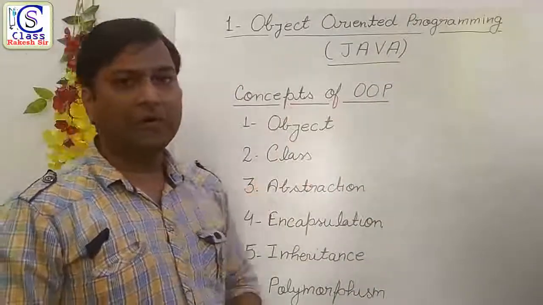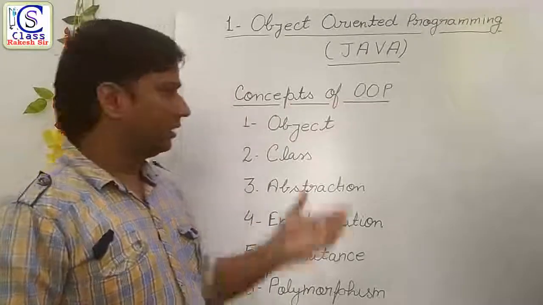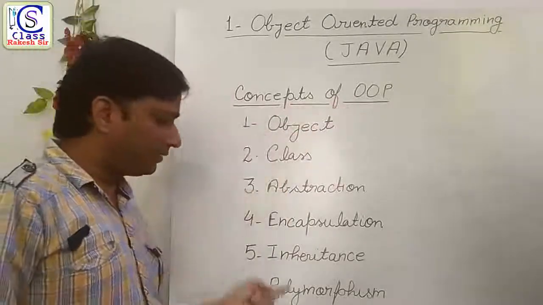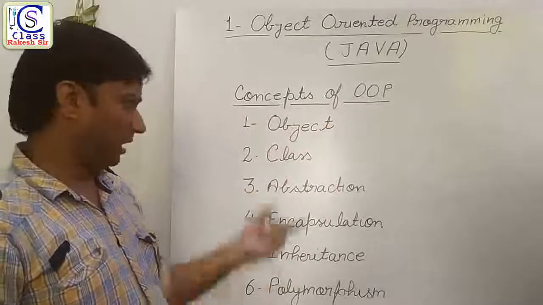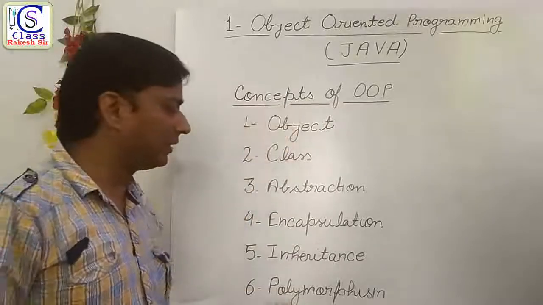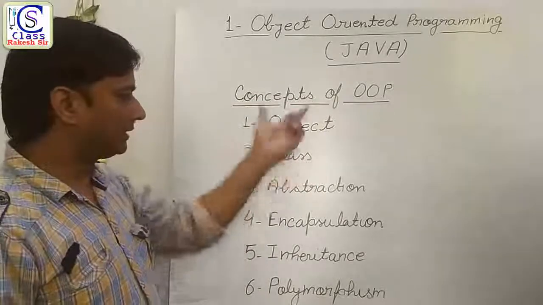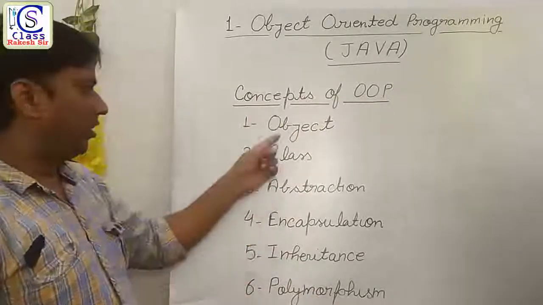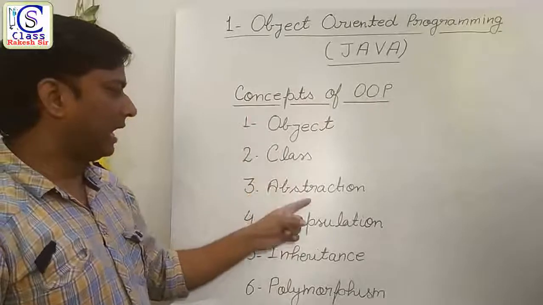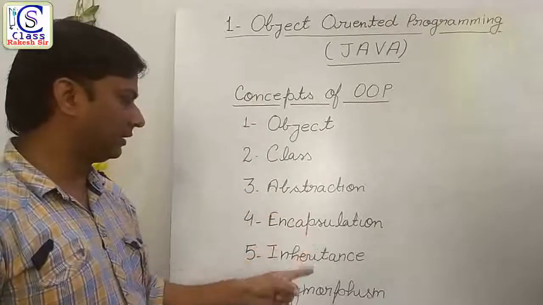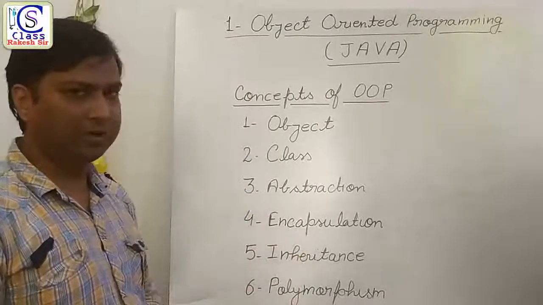The concepts of object oriented programming are 6 different types. Total 6 different concepts: object, class, abstraction, encapsulation, inheritance, and polymorphism.